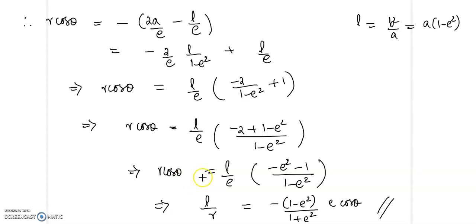So that will give r cos theta equal to L by e into minus e square minus 1 by 1 minus e square. So when you rewrite this, we will get the required equation L by r equal to minus of 1 minus e square by 1 plus e square into e cos theta. So that is an equation involving r and theta, where (r, theta) is any arbitrary point on the directrix. So this is the required equation of the directrix.